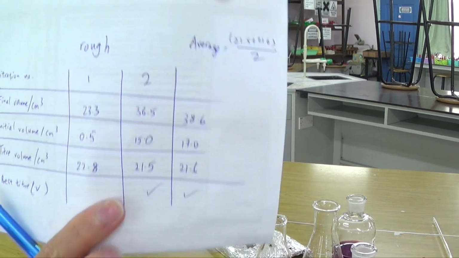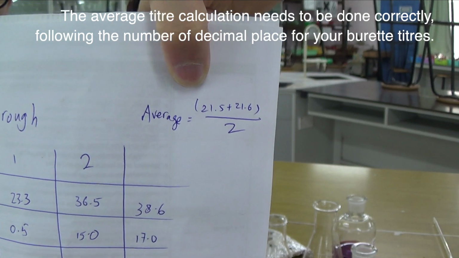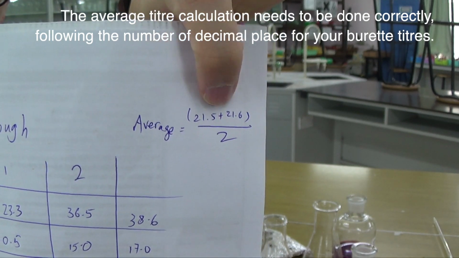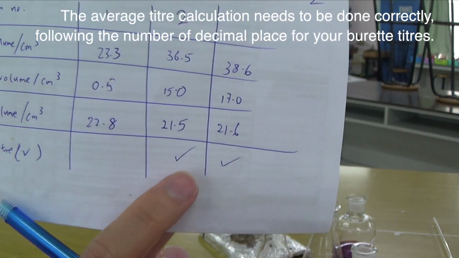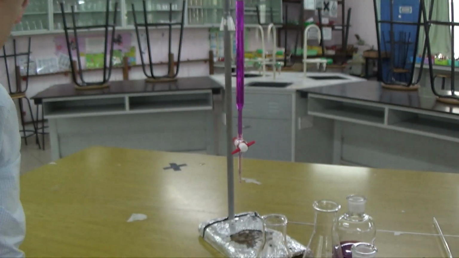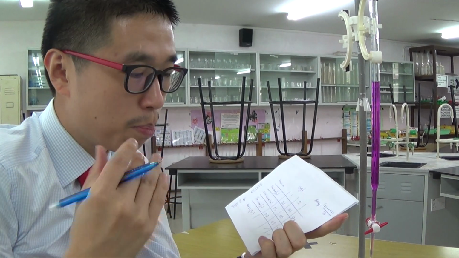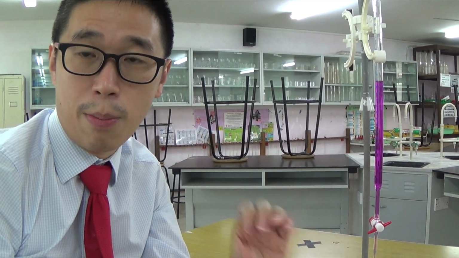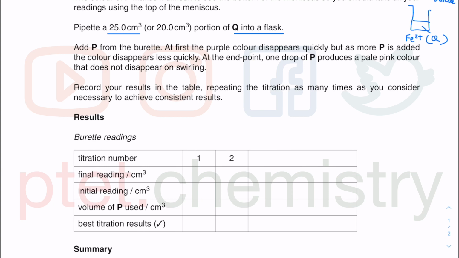I use a bracket because a lot of students don't use brackets and then they end up calculating the wrong thing in the calculator. What is important is I have two readings, so when I average, I divide by 2. If I have three best readings, three ticks, all of them are within plus minus 0.2 cm cube for your O level, GCSE level, or IGCSE level titrations. That plus minus 0.2 cm cube is the maximum accepted error margin. But of course, in the real titration, you want your titer to be as exact as possible.